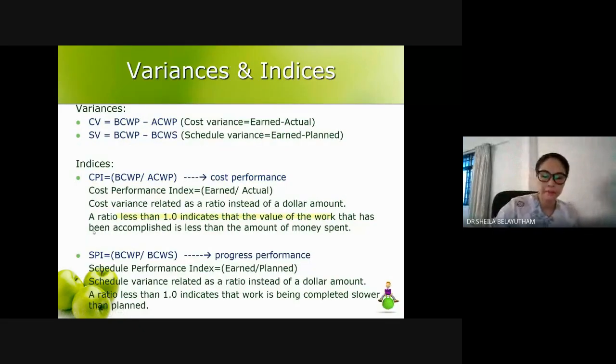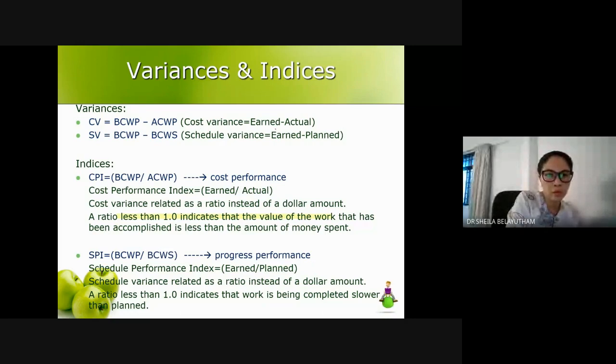Okay, so in a simple way to represent your findings, you can place it in terms of variance or in terms of index. In terms of variance, you can have cost variance.